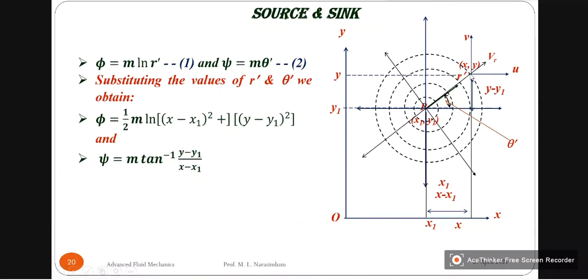So the expression for phi at this point, which is located at a radial distance of r dash from P and making an angle theta dash with the horizontal axis, I can use the earlier expressions, phi is equal to m log r and psi is equal to m theta. The only difference is r is now replaced by r dash and theta is replaced by theta dash.